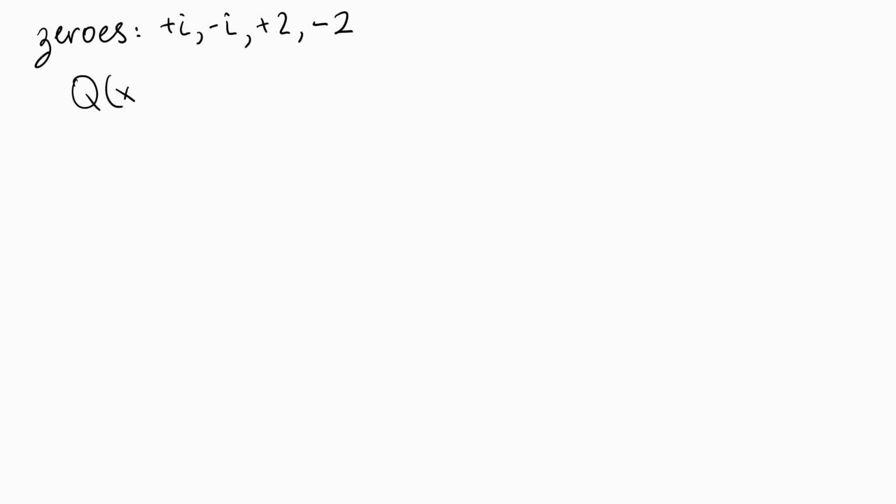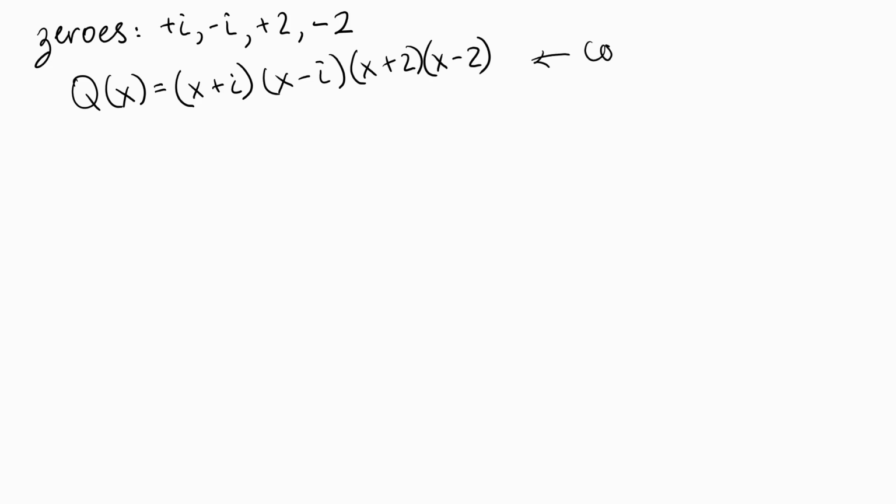So Q of x is equal to x plus i, x minus i, x plus 2, and x minus 2. And now it would be in completely factored form using complex or imaginary values.